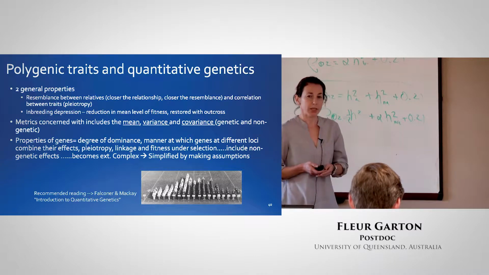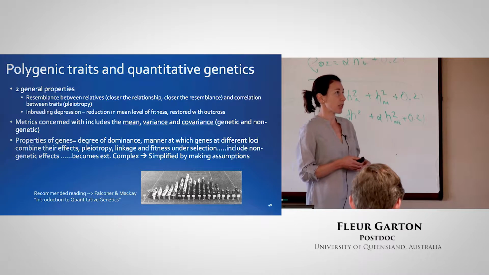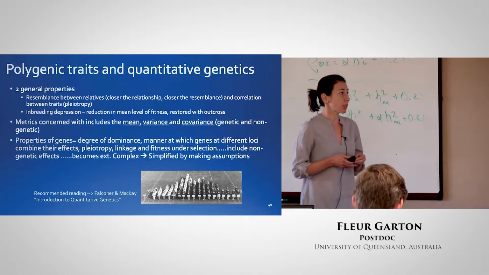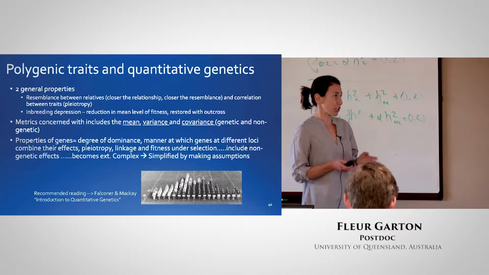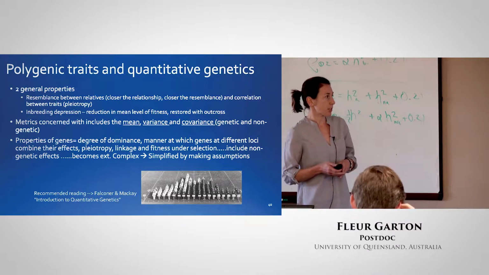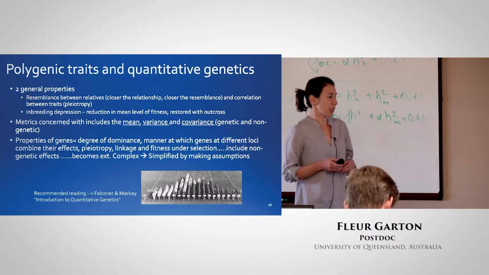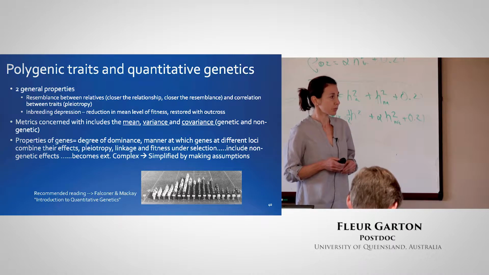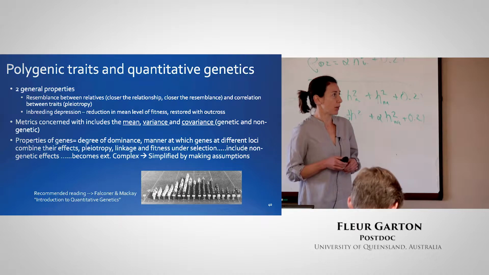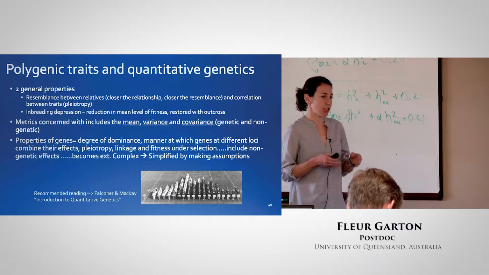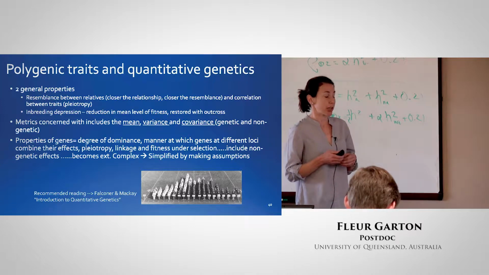There are two general properties when we talk about polygenic traits. The first is resemblance between relatives: the closer the relationship, the closer the resemblance. This relates to the question yesterday about whether the more polygenic a trait is, the more chance it has of demonstrating pleiotropy.